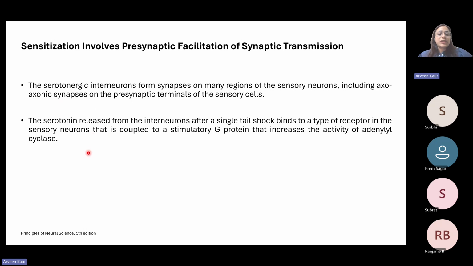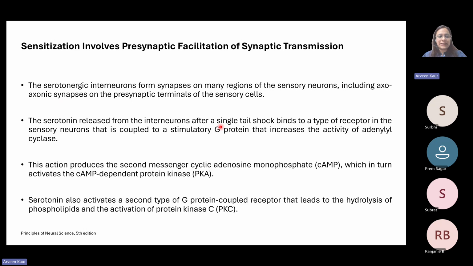The serotonin released from the interneurons after a single tail shock binds to a type of receptor in the sensory neuron that is coupled to a stimulatory G protein that increases activity of adenylyl cyclase, right? It will activate the second messenger, if you remember signaling. So this produces a second messenger, cyclic adenosine monophosphate, cAMP, which in turn activates the cAMP-dependent protein kinase, or PKA.